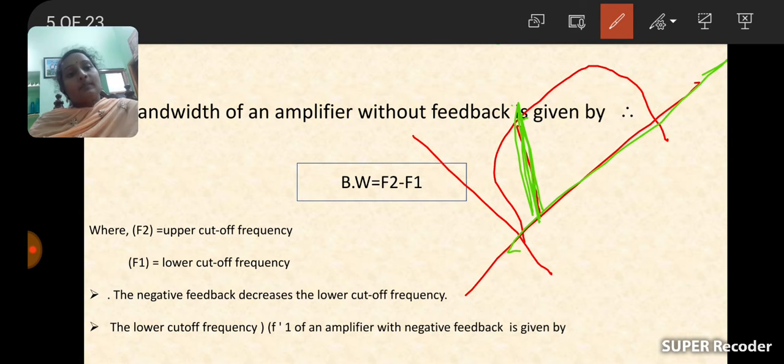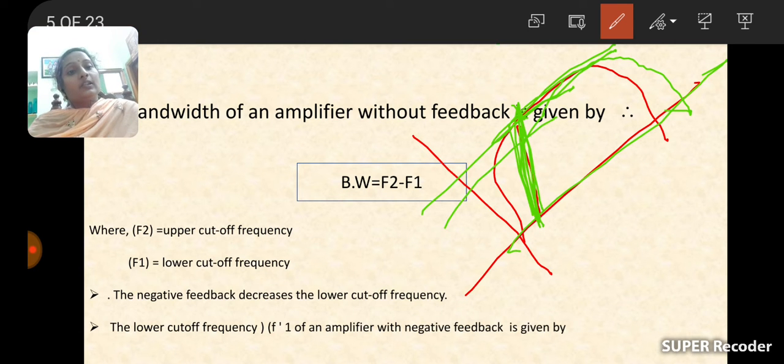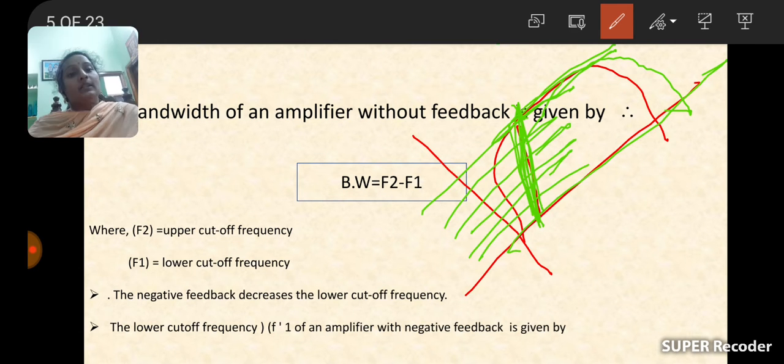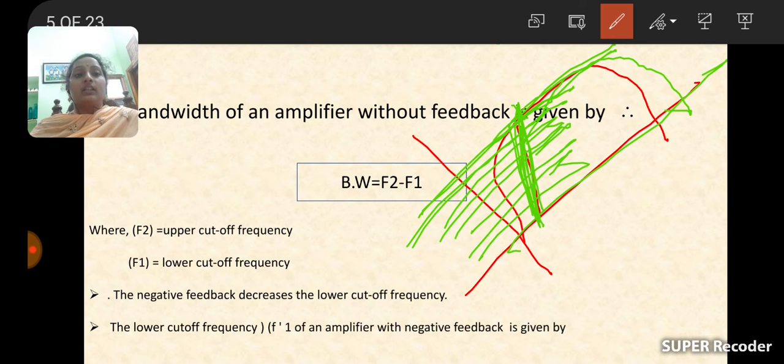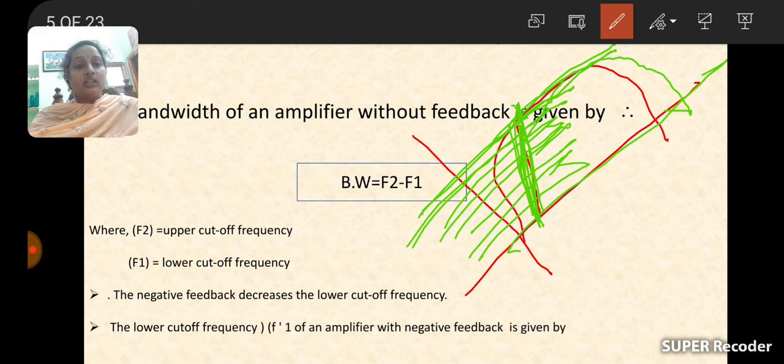The frequency may be constant, or it may be increased or decreased at a particular gain, depending on the transistor parameters. Why? Because the amplifier is a semiconductor device, and its properties vary with temperature, so if there is any variation in temperature, the bandwidth will automatically either increase or decrease.